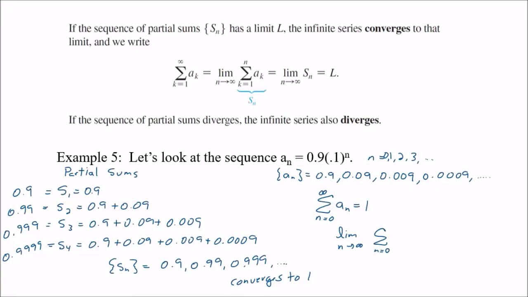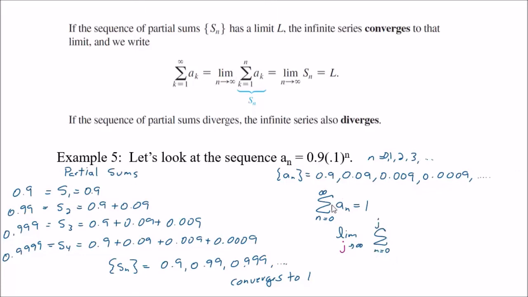Actually, I need to use a different variable here. Let's get rid of that n. Since I've already used n for my subscript, it doesn't matter what variable you pick. Let's pick j. That's a good one. Okay, so this j now is going to represent the upper bound of my summation.